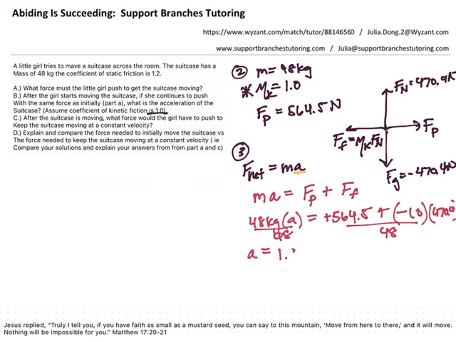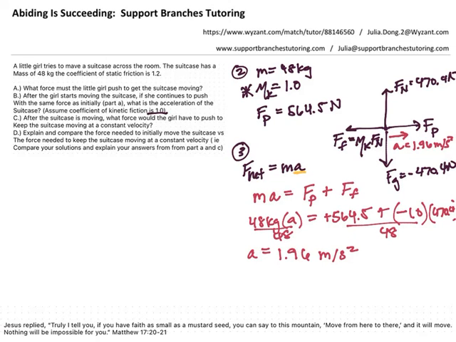So we get 1.96 meters per second squared. So we have an acceleration here equal to 1.96 meters per second squared. Okay, and that is essentially our answer for part B.